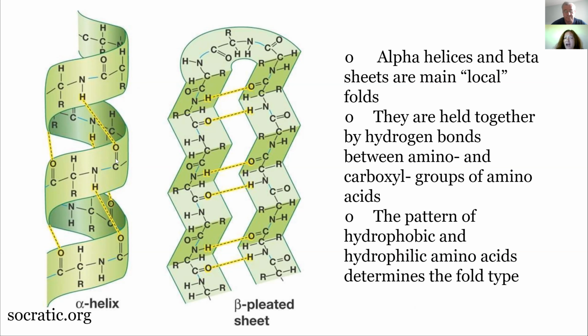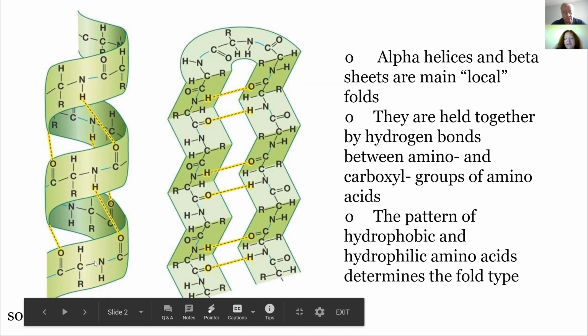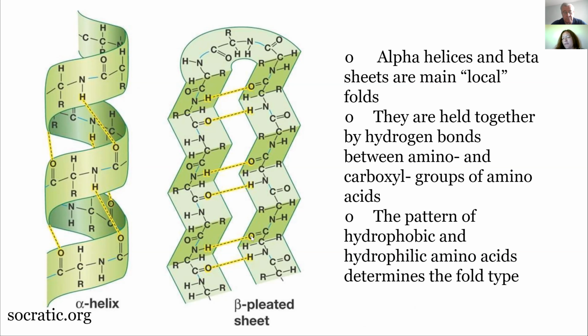The other properties of the amino acids, for example, how many of them are hydrophobic or hydrophilic, determine whether those amino acids will form alpha helices or beta sheets. If the words hydrophobic and hydrophilic are confusing right now, don't worry about it. If you want to learn more, you can Google them, or we will try to talk about it in another video, and I hope that you will join us for that discussion later on.